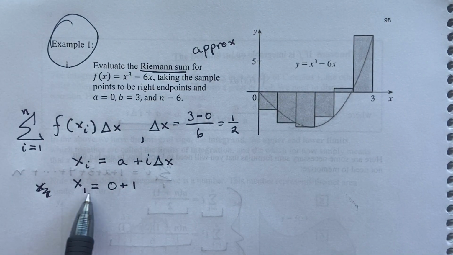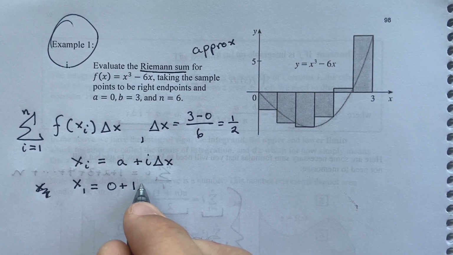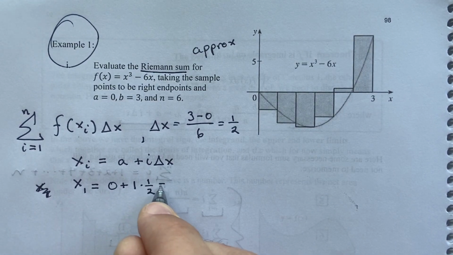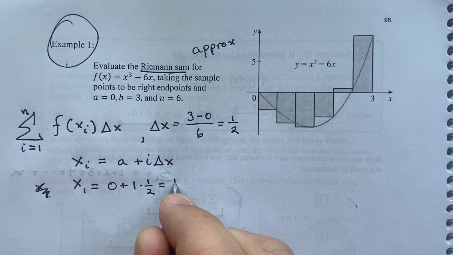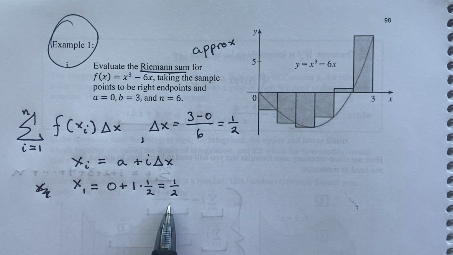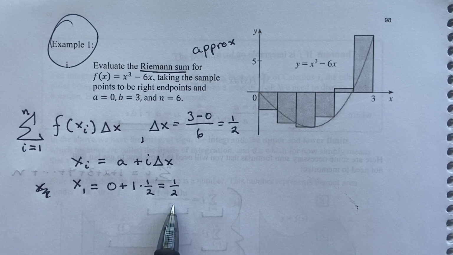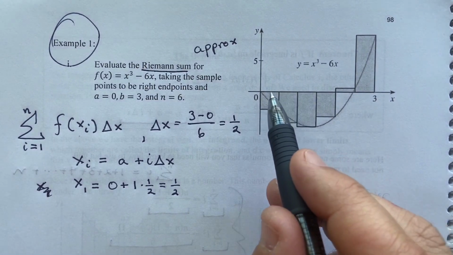If I is 1 there, then I is 1 here, times 1/2. So x sub 1 is 0 plus 1 times 1/2, in other words, 1/2. This is the x location that defines our first rectangle's endpoint.